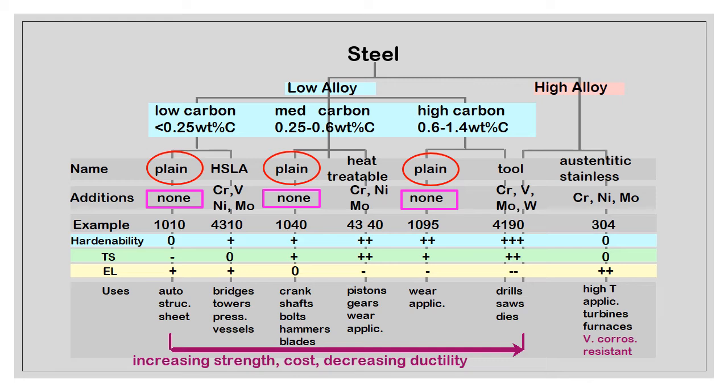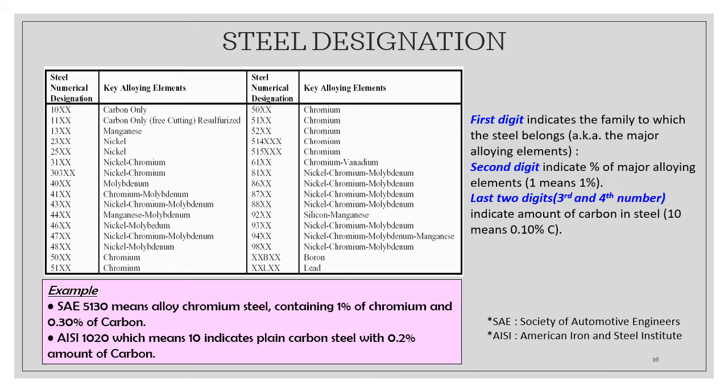You could also look at all the properties such as hardenability, tensile strength, and elongation of these steels. And here are also the usage of all these steel. We shall look into all these properties deeper in the next section.